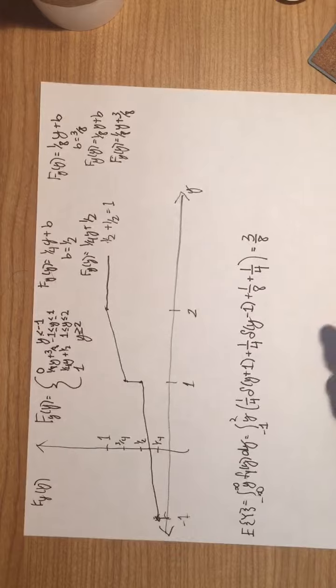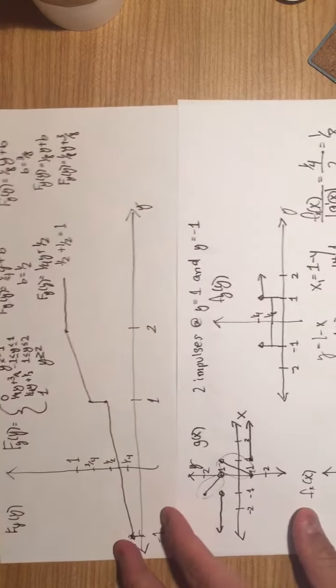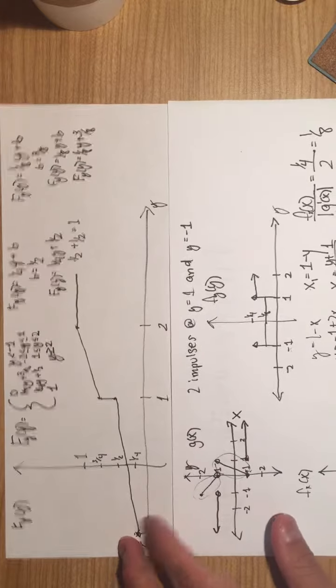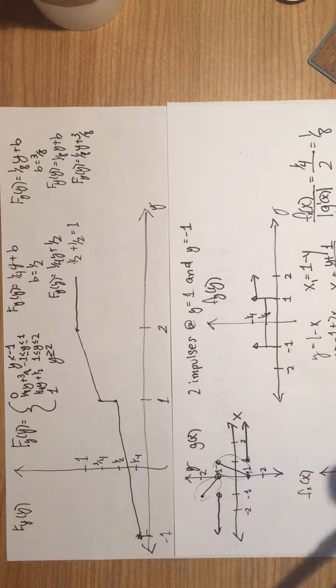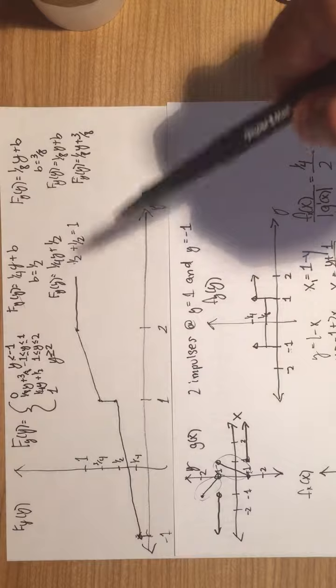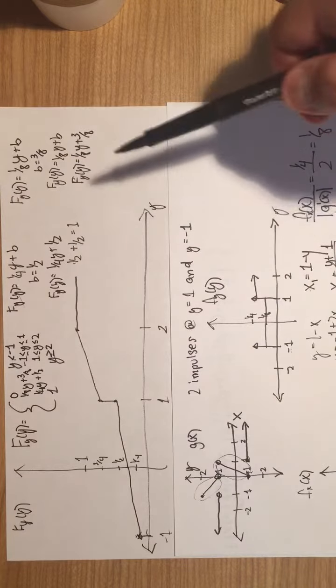Okay, going on to the big F of y graph. I'm going to superimpose this so you can see how I got my solution. At -1, you have a jump to 1/4. Over here, you have a line with a slope of 1/8. I did y equals mx plus b, with big F of y equals 1/8 y plus b.